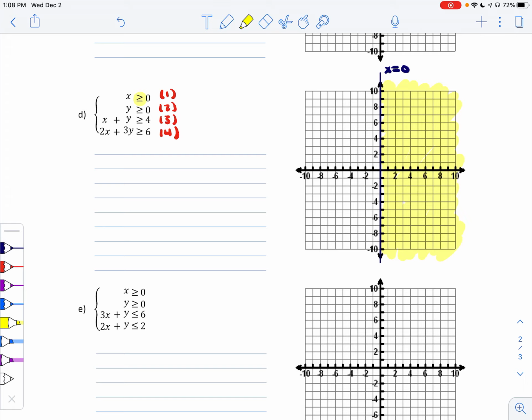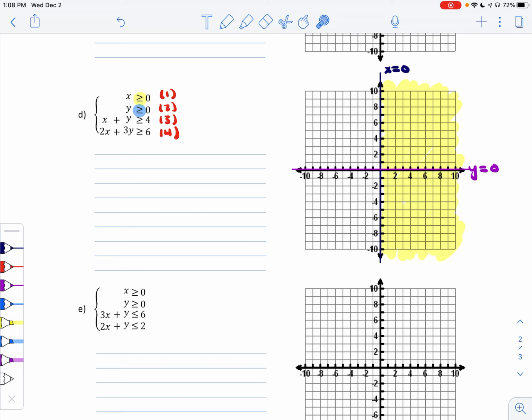All right, next we have y is greater than or equal to 0. So again, just think about the equation y equals 0. And again, hopefully you remember that that is the horizontal line on the x-axis. So let me get a different color. So y equals 0 is the horizontal line that's right at the x-axis. And we are looking for where this is greater than or equal to 0.